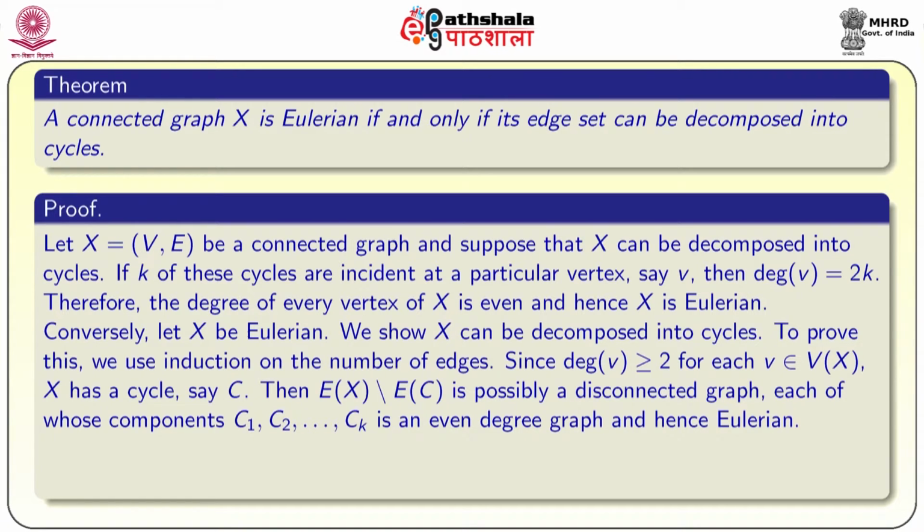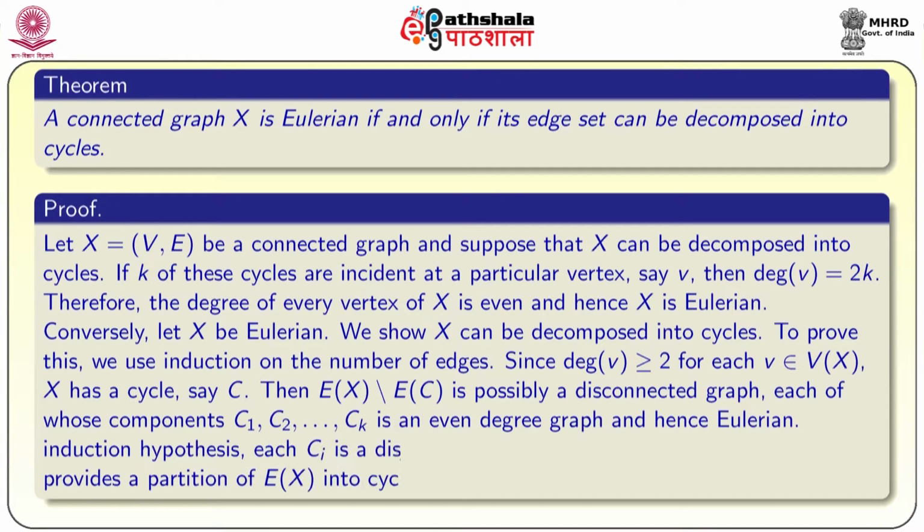That means the degree of every vertex in C1 is even, the degree of every vertex in C2 is even, and so on, and hence all these C1, C2, ..., Ck are Eulerian graphs. By the induction hypothesis, each Ci is a disjoint union of cycles. So, together with C, we have provided a partition of E of X into cycles.